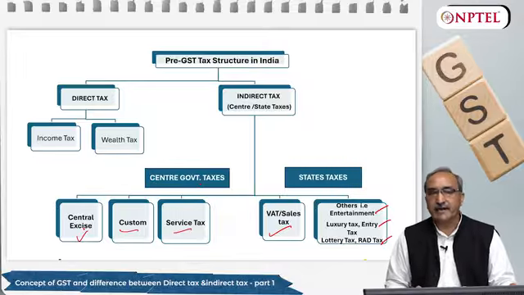And when we talk about indirect taxes, central excise is supposed to be paid under the Central Excise Act, customs is supposed to be paid under the Customs Act, and service tax was supposed to be paid under the Finance Act of the Government of India. And similarly in states, VAT or sales tax is supposed to be paid by each supplier under the VAT Act of the respective states, because VAT or the taxes by the states are their own domain and each state has its own tax structure.